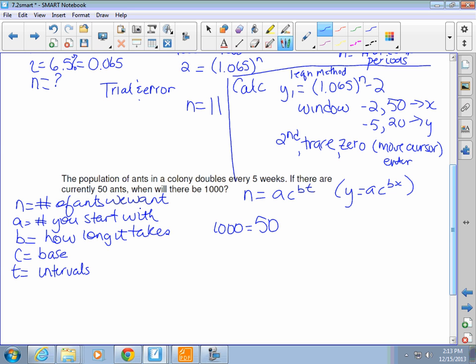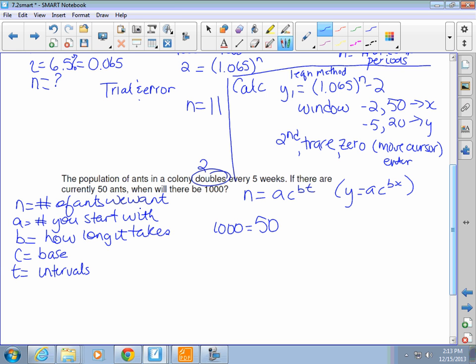Our base: what is the base that's having the power applied to it? In this question it says the population of ants in a colony doubles. So that means we're going 2 times something. Whatever it is, it's always going to be times 2 because we're doubling it every interval.